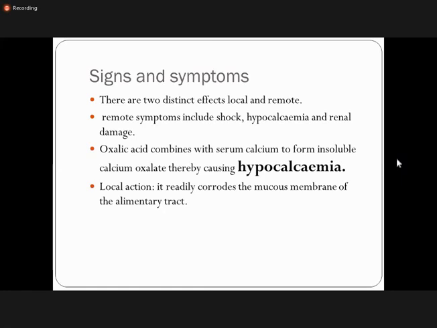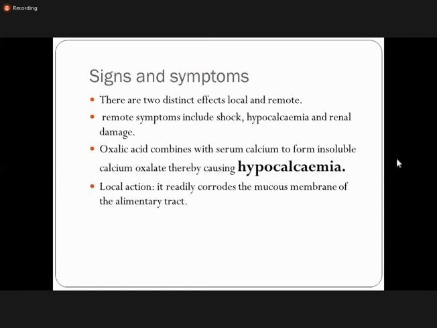So the main sign that you need to look out for in case of oxalic acid is hypocalcemia. You can see how I have boldly written hypocalcemia, because that is the only thing that you need to remember in case of oxalic acid poisoning, right? Oxalic acid somehow loves calcium, all right?